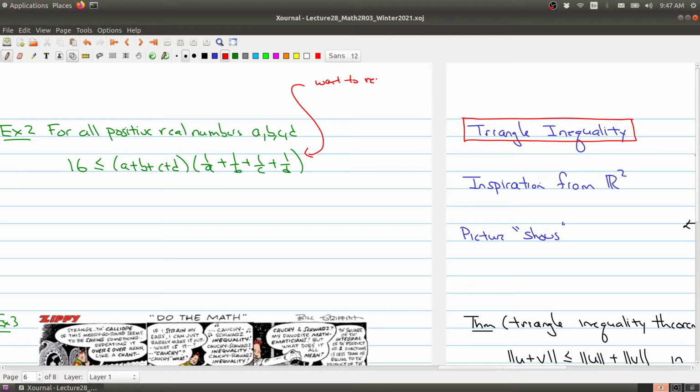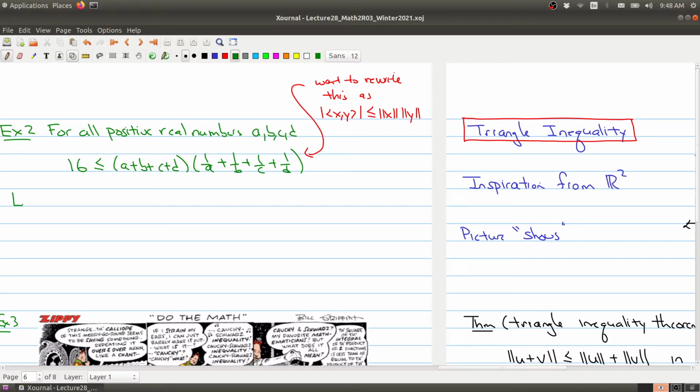You want to rewrite this as somehow the absolute value of the inner product being bounded by the norm of x times the norm of y. The real insight to these problems is picking the right space, the right inner product, and the right vectors.